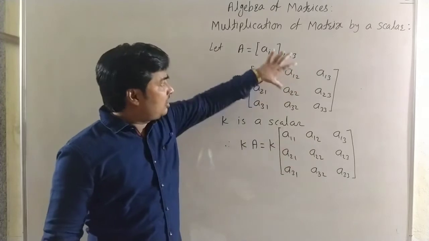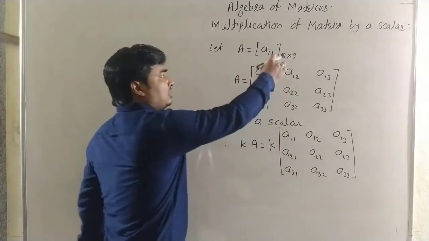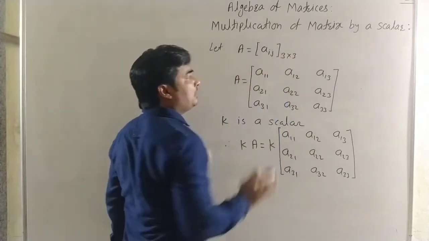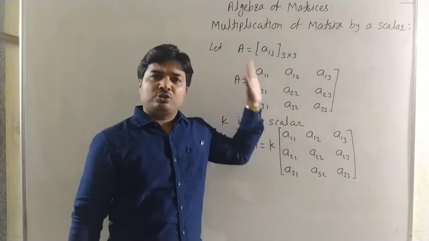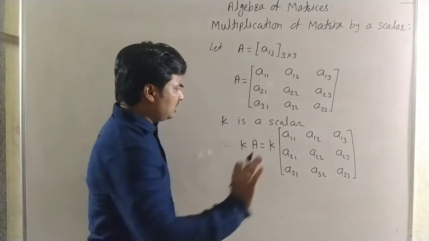Their order does not matter. For example, we can take a 3 by 3 matrix, a 3 by 2 matrix, 2 by 3 matrix, 2 by 2 matrix, any matrix. Order doesn't matter.